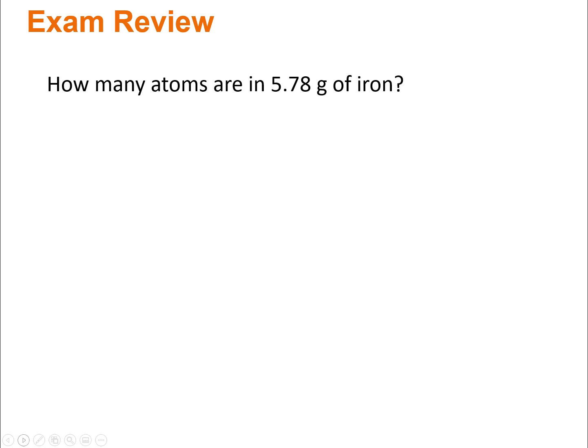How many atoms are in 5.78 grams of iron? I'll start writing out how to solve this problem.